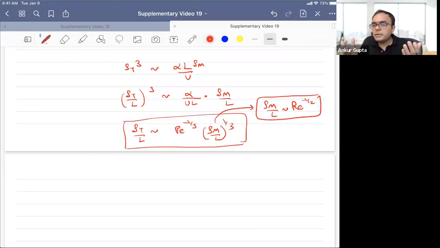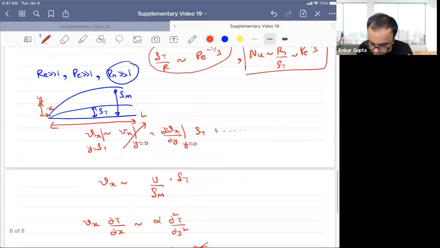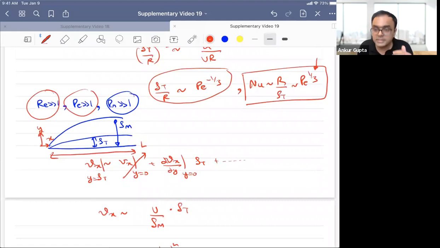In the case of a sphere, L was the radius of the sphere, and delta m was also the radius. So this ratio essentially became 1, right? And that's why you did not get an additional factor of Reynolds number to the minus half in other problems. But you get it when Reynolds number is greater than 1 and Peclet number is greater than 1, where both momentum boundary layer and thermal boundary layer are changing with space.